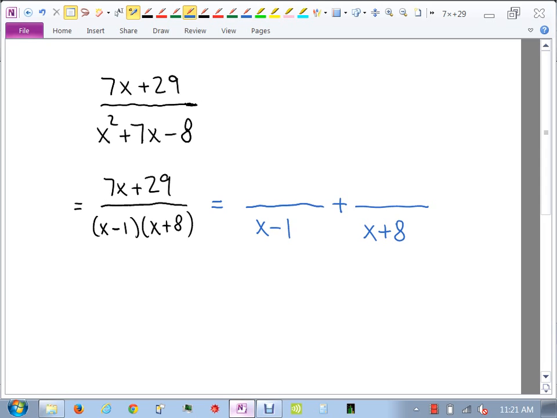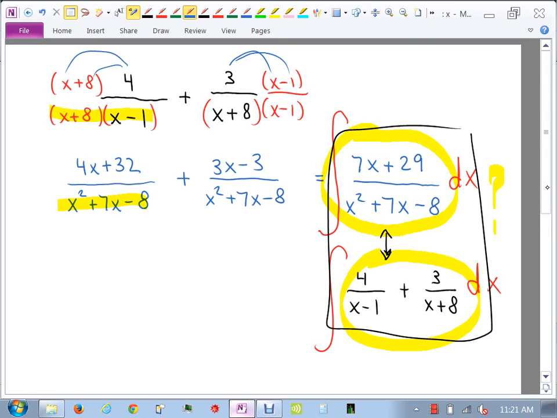I know it has to turn into something like that. What I don't know right now, by just looking, is what's on top. I don't know what the top of x minus 1 is, or the top of x plus 8. I mean, I do because we just came from this problem. What should our answer be? If I go back to that previous page, it should be a 4 over the x minus 1 and a 3 over the x plus 8. But we need to figure that out.